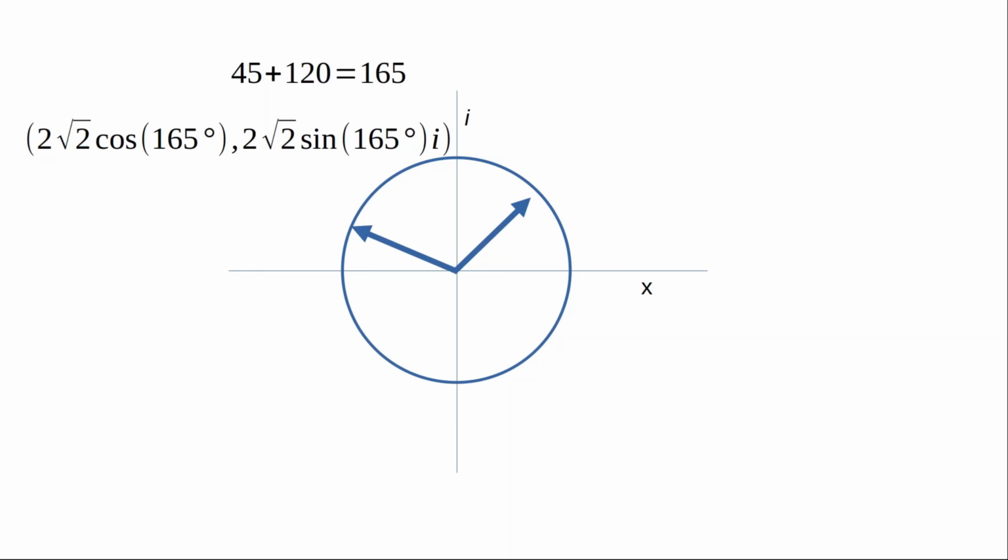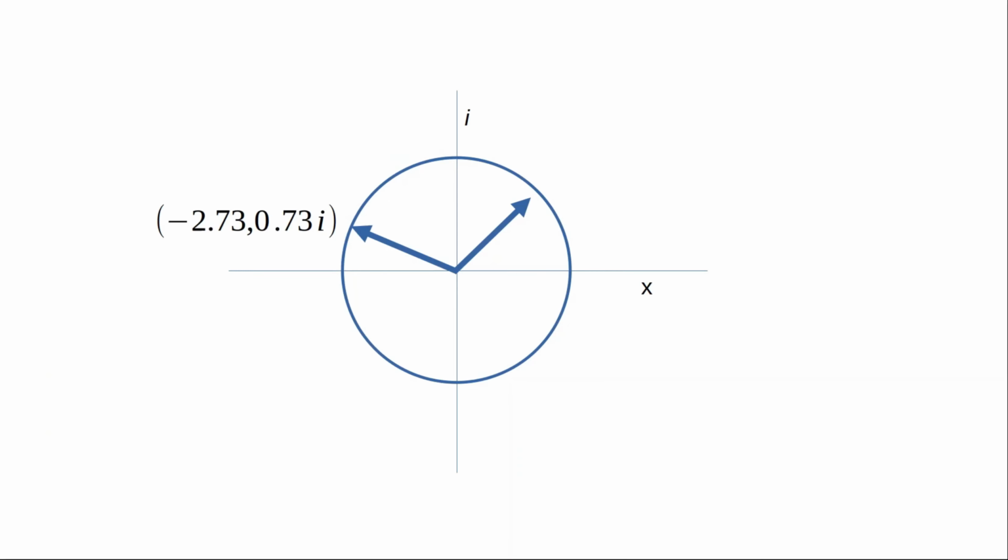To calculate the point, we multiply by the radius of the circle, which we calculated before as 2 radical 2, times cosine of 165. And then for our imaginary component, it's the radius 2 radical 2 times the sine of 165, which is approximately negative 2.73 comma 0.73i.